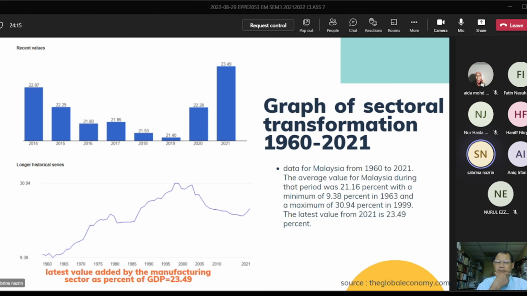For the recent values, from 2014 until 2021, the minimum percentage is in 2019, which is 21.14%.